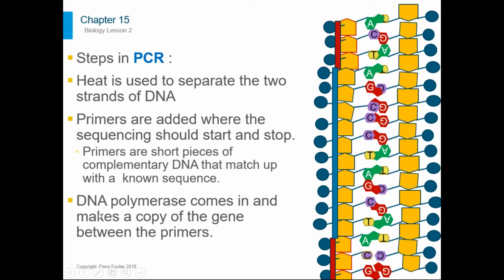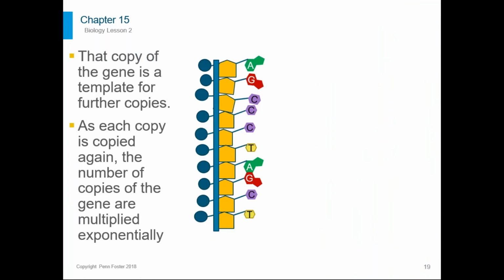So we learned in the last chapter about DNA polymerase. That's just an enzyme that comes and hooks the DNA together, making a DNA that matches the code that's already there. Okay, so we separated it, we used the primers to tell us where to stop and start, and we made this new chunk of DNA. And now that chunk of DNA exists, and it acts as a template for further copies.